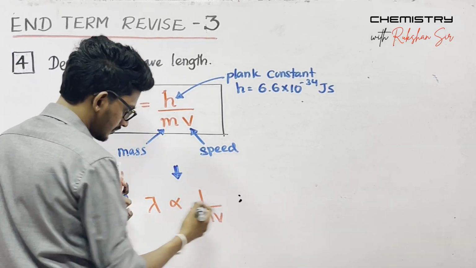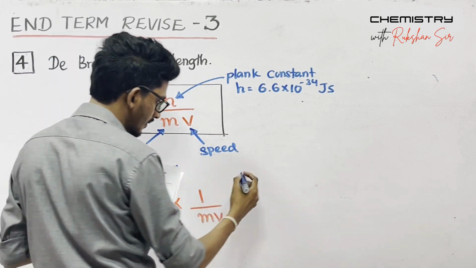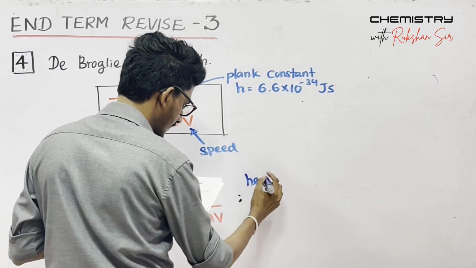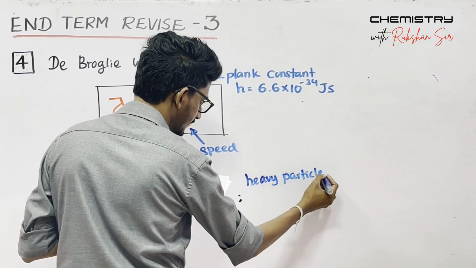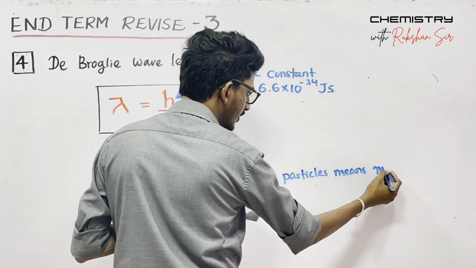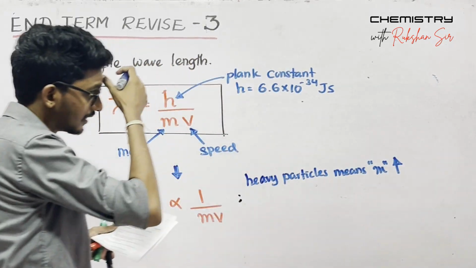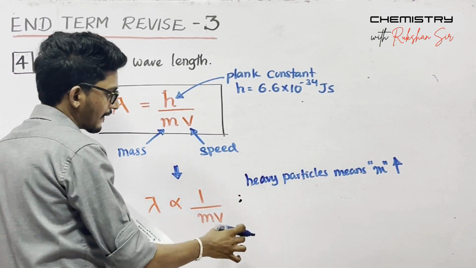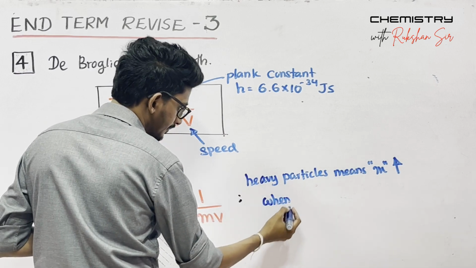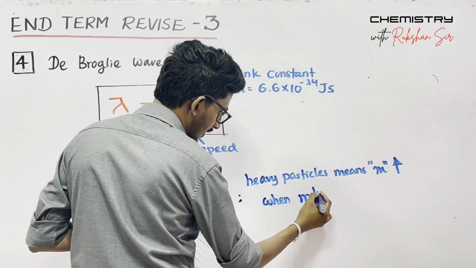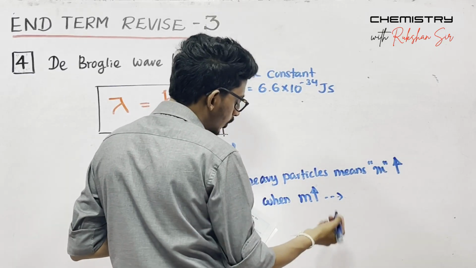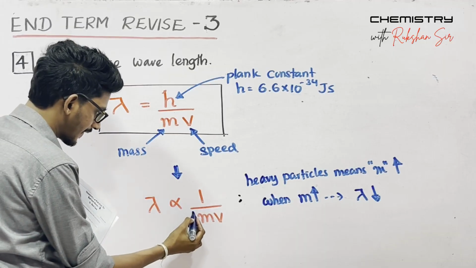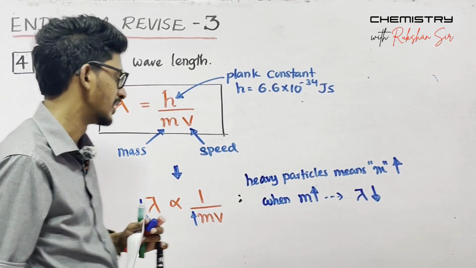They are saying that when m is high, always the lambda is low. Normally, when m increases, yes, lambda decreases, as there is an inverse relationship.